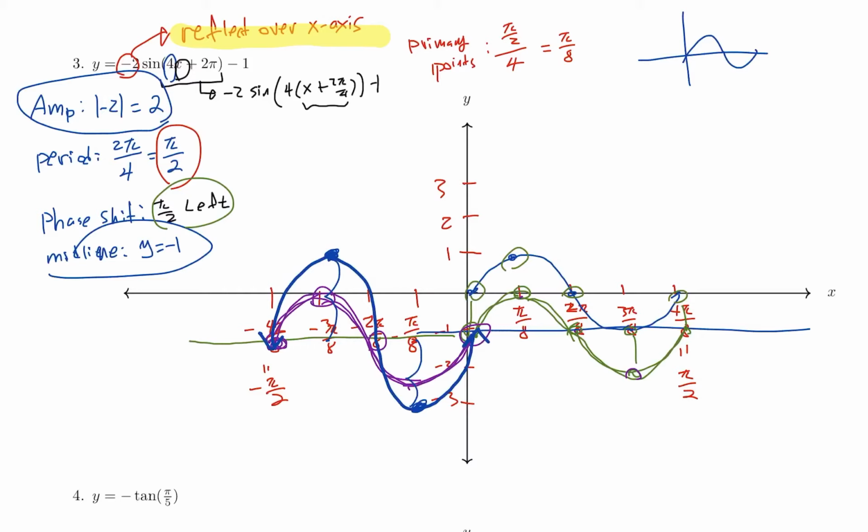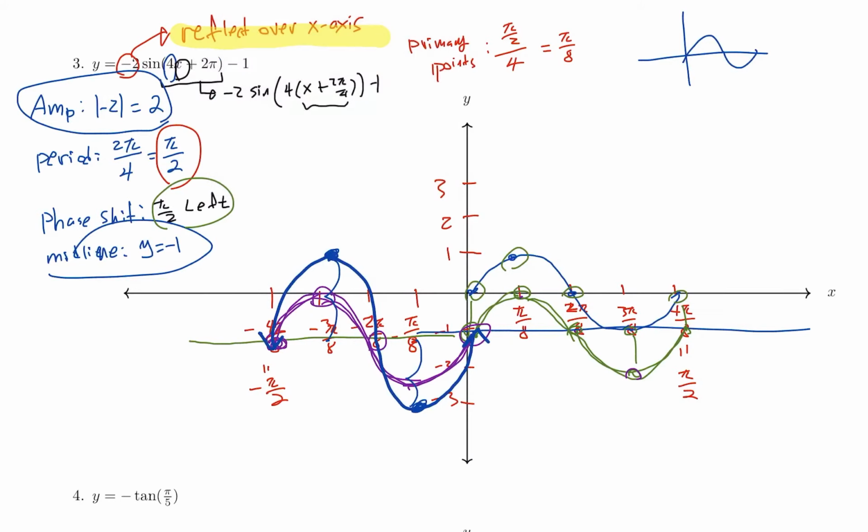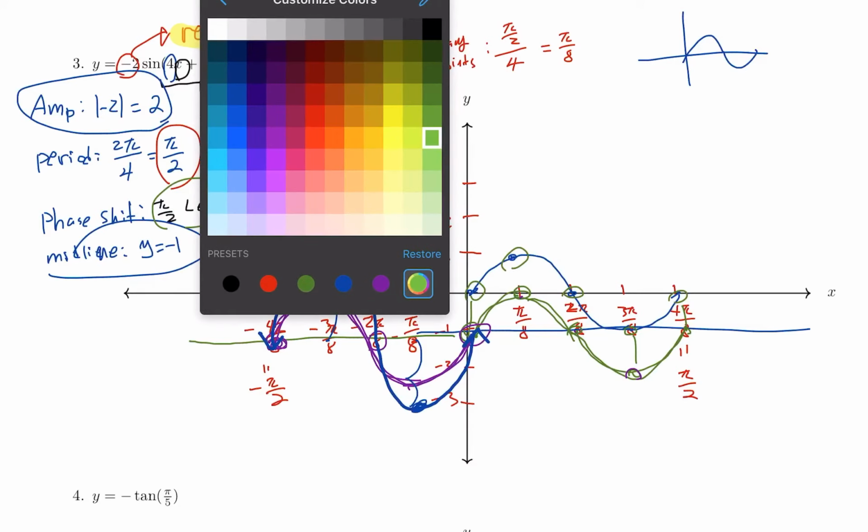Now let's reflect over the x-axis. I'm running out of colors. Oh, I guess I haven't used red yet.